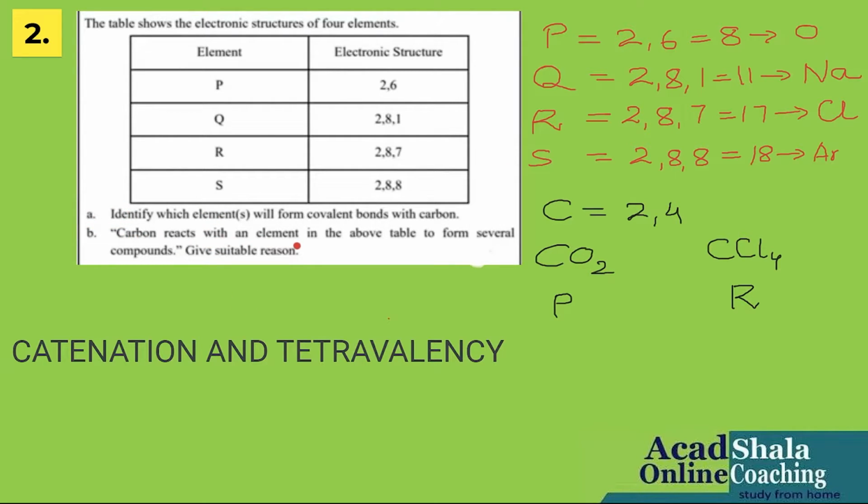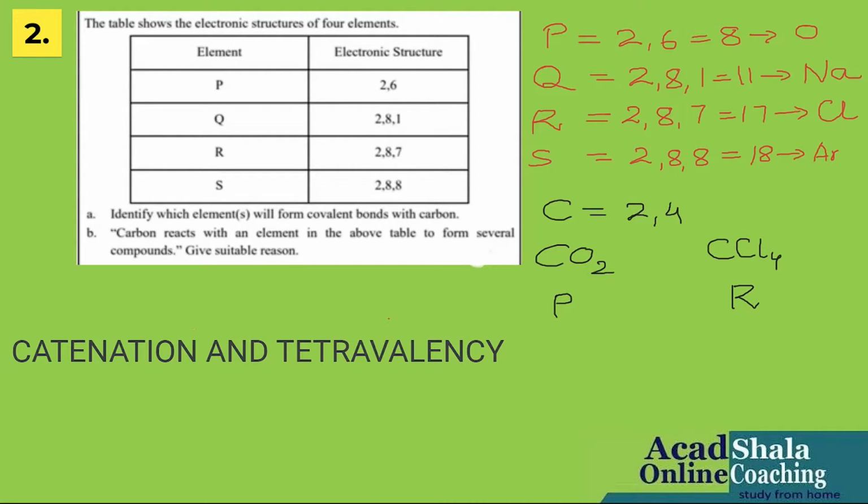Carbon reacts with an element in the above table to form several compounds. Give a suitable reason. Why? You have to give the reason: because of catenation and tetravalency, which is the versatile nature of carbon, which we studied in detail.